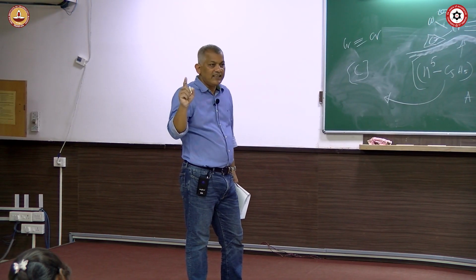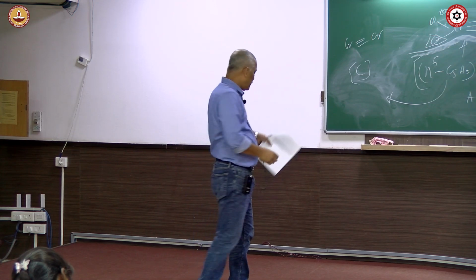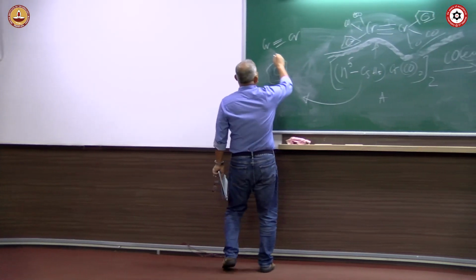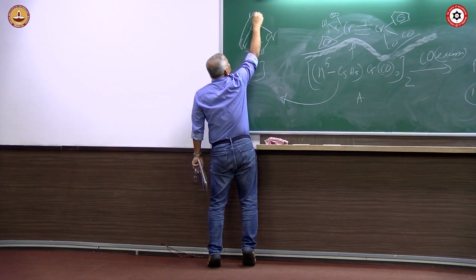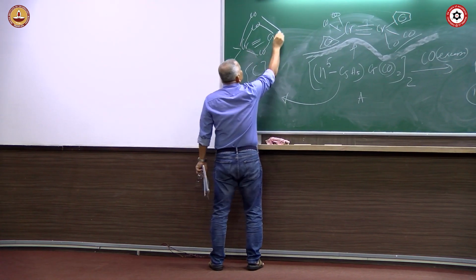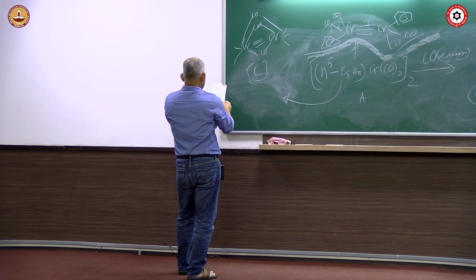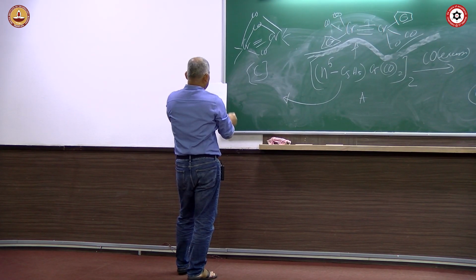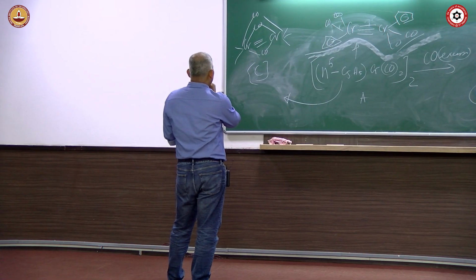It's not terminal. If you do the bridging mode, there should be 3 COs.